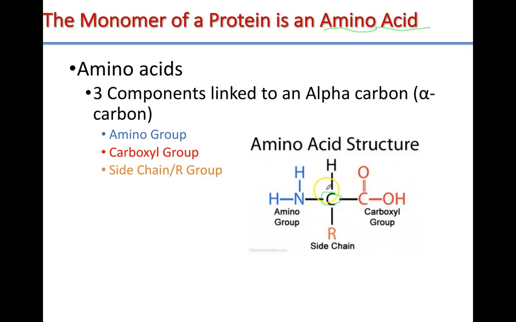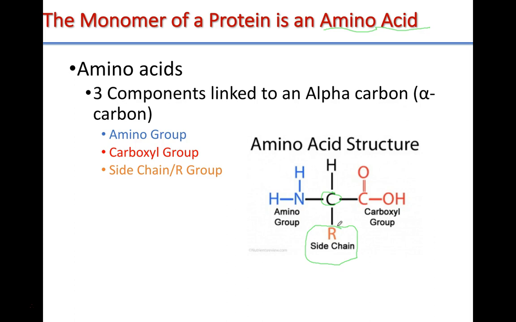The area with the nitrogen group is called an amino group. Every single amino acid will have these components. Number one is an amino group. Number two is a carboxyl group, that's another carbon and oxygen and hydroxyl group. And then the final area is this special space called an R chain. So every single amino acid is going to have an amino group, a carboxyl group, and a side chain or R chain.